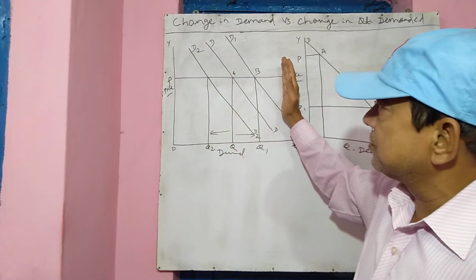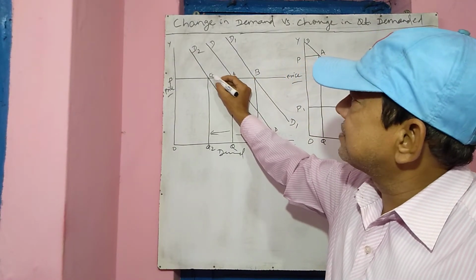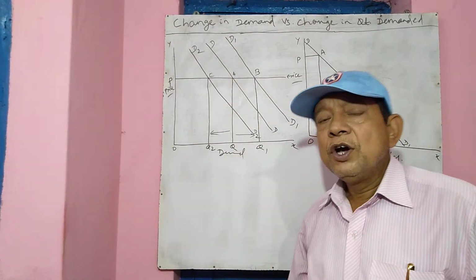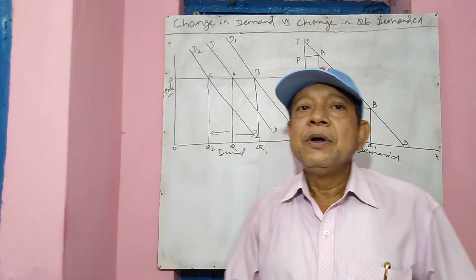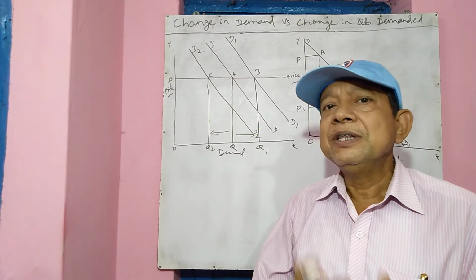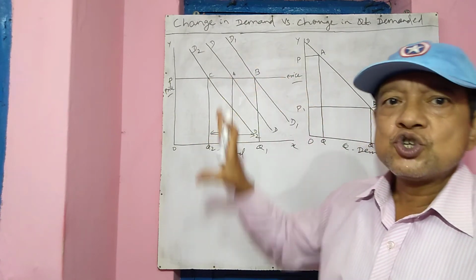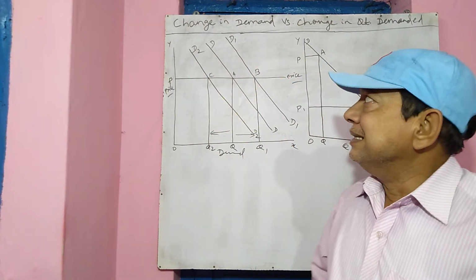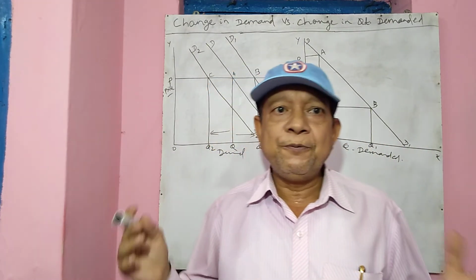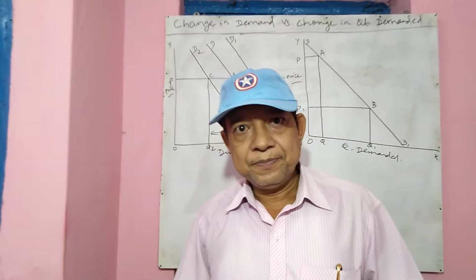Here the demand curve shifts either from A to B or A to C. Because for every demand there will be a different demand curve that we have to show, since price cannot change. Price is constant, other factors change, so demand changes. Therefore, we call this change in demand and shift in the demand curve. Right? So this is the difference between change in demand and change in quantity demanded.